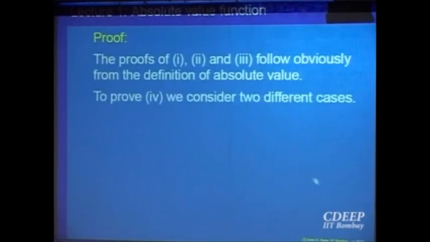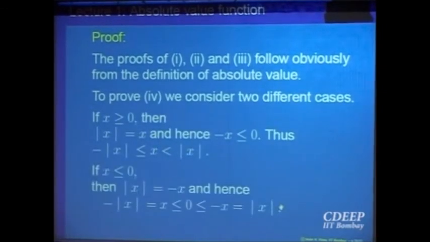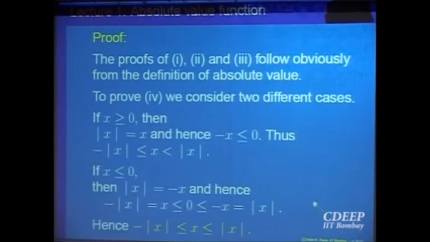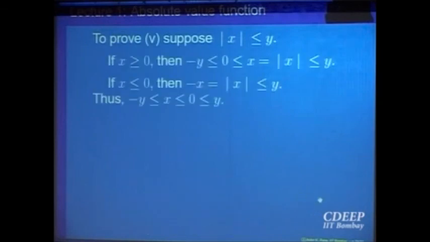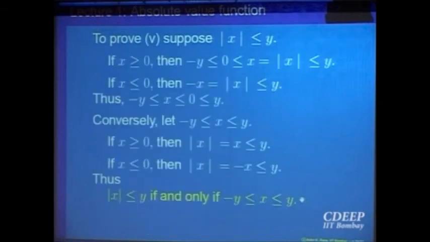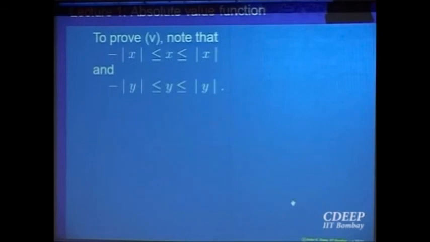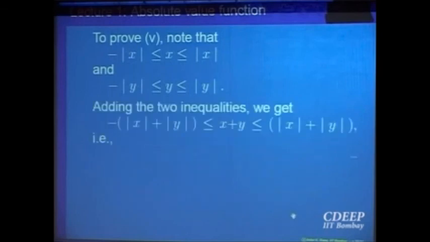So I have written down the proofs, but I have already discussed them with you, so let me just go over them. See, minus mod x is less than x less than mod x, right? Minus mod y less than y less than mod y. Add these two, what do you get?